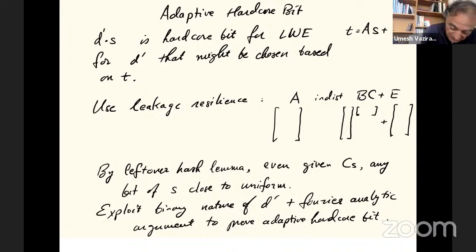But it turns out that for the adaptive hardcore bit, that argument really does require that it's a reduction. You don't want to have the key present, and so this introduces another complication into making these protocols work.